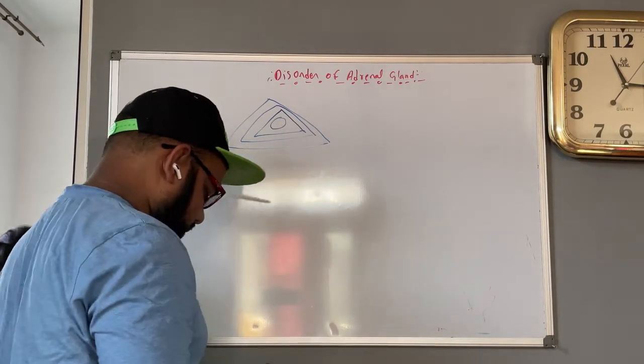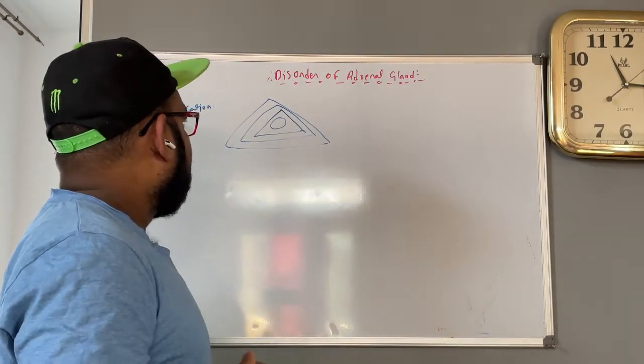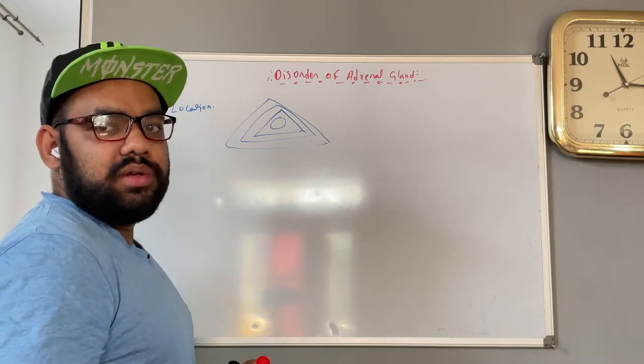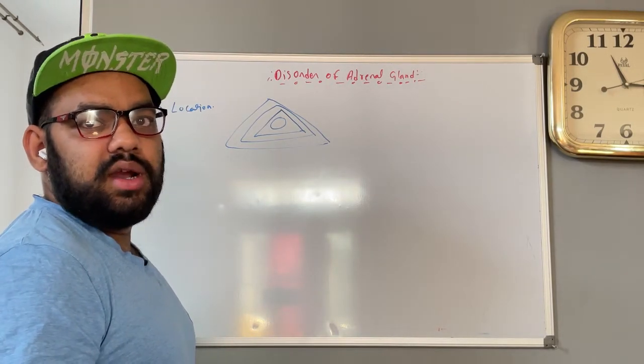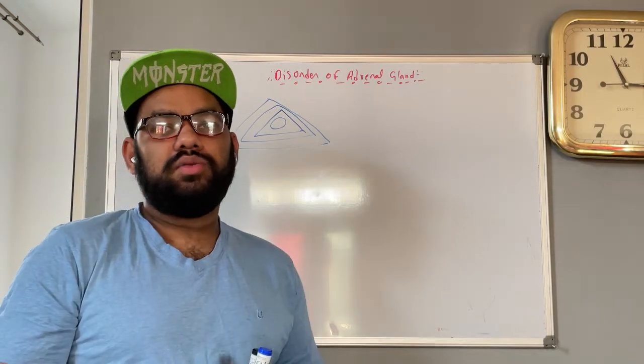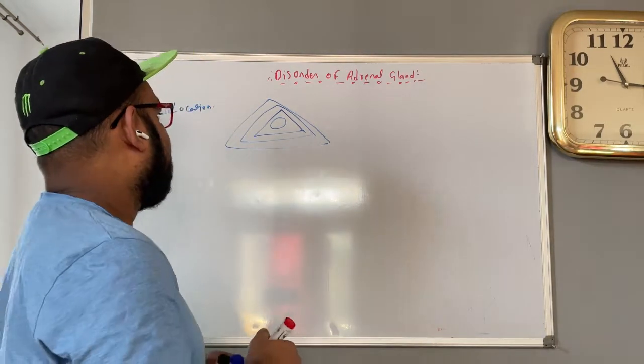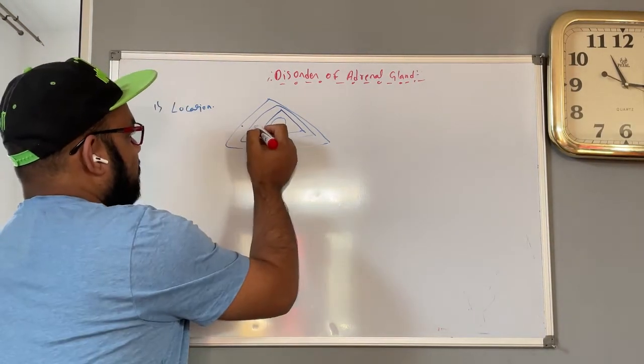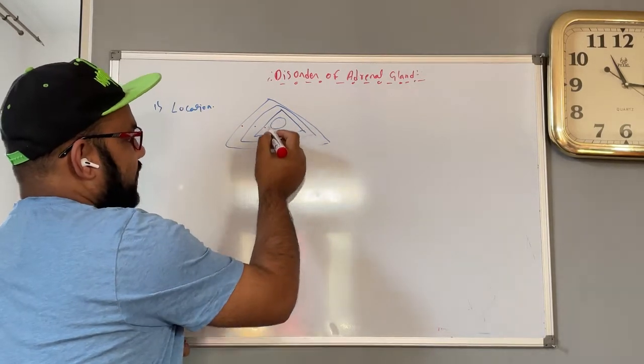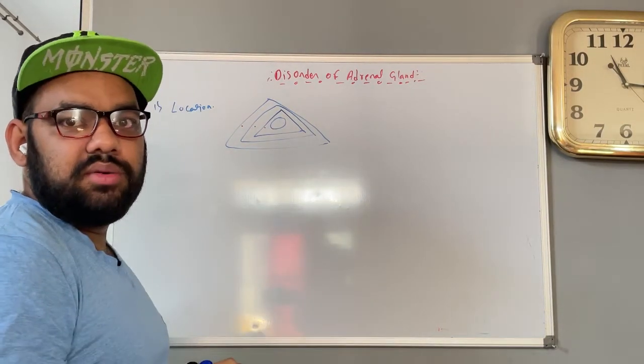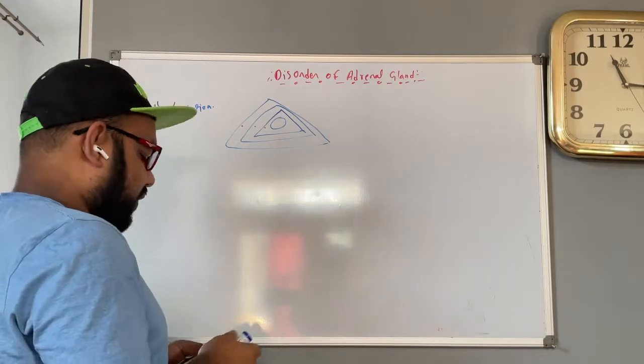Within the adrenal gland, we can categorize in two ways. One is the adrenal cortex, another is the adrenal medulla. Within the adrenal cortex, we get three layers. If I consider these three layers as the adrenal cortex, the inner layer is the adrenal medulla.